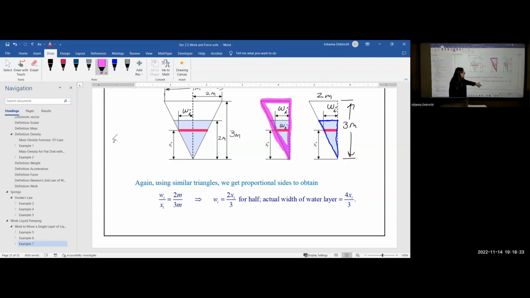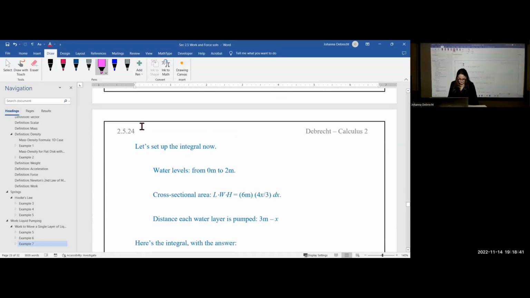And this tells me that W sub I is 2X sub I over 3. Now, the actual width of the water layer is twice that, because remember, I've got to go all the way across. So the actual width of the water layer is 4X sub I over 3, or 4X over 3.